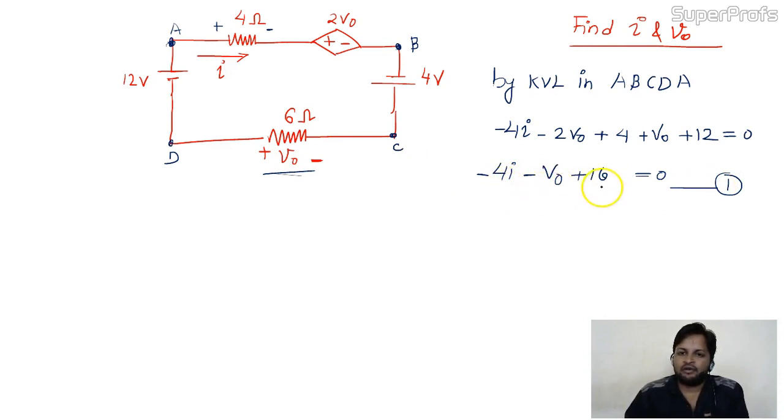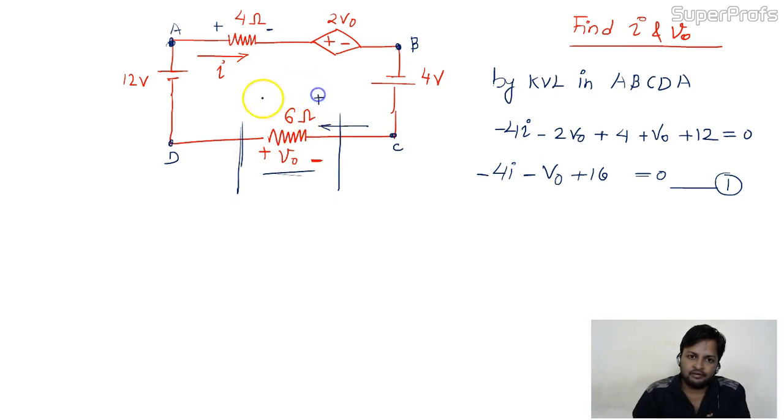Now, if you observe this equation, we have two unknowns, two variables, but only one equation. So to get the values of these unknowns, we need another equation. Can we make an equation from the given data? See, here V0 is given having polarity like this. Now in this circuit current is coming. Due to this current the voltage drop will be like this, and the value of voltage drop will be, tell me, 6I.